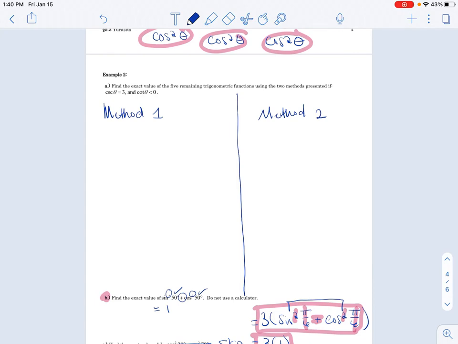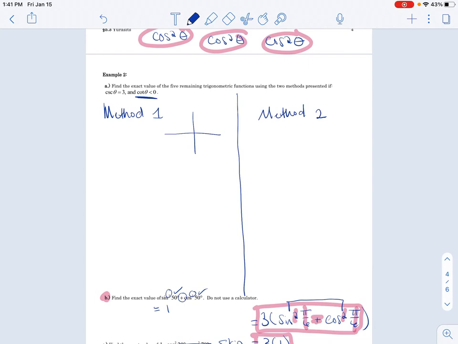So method 1 is going to be using a visual. And it says cosecant of theta equals 3. And then it says cotangent of theta is negative. And the reason I'm giving you that is because it tells you what quadrant you'll end up being in. Well, if cosecant is positive, okay, that's in terms of sine, that means my y's are positive.